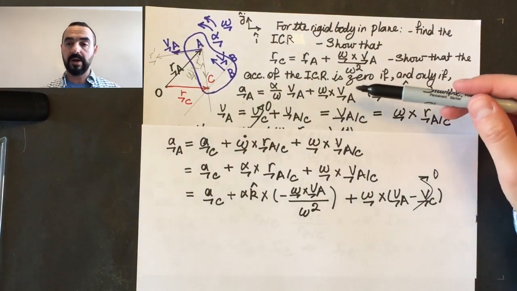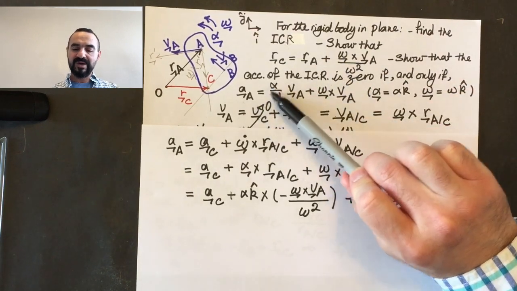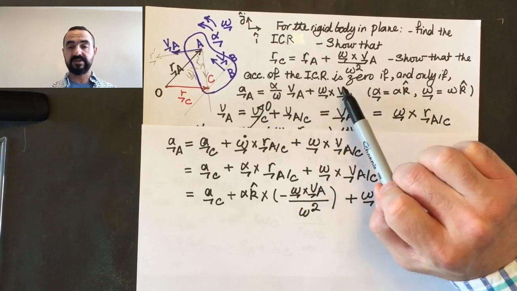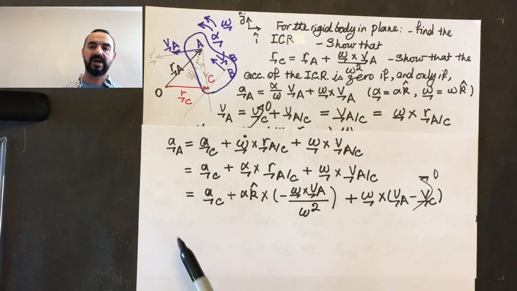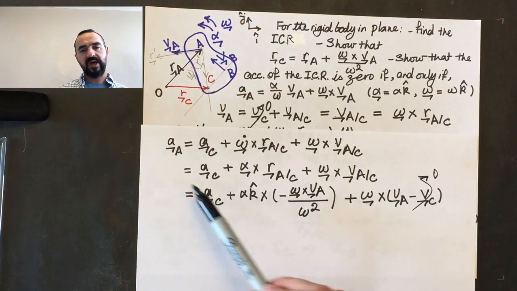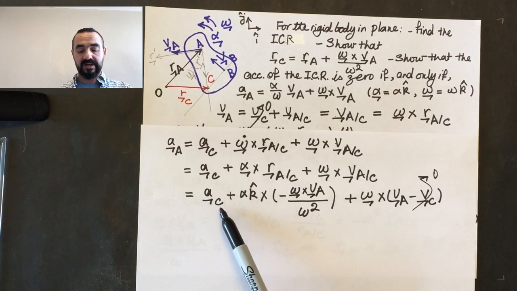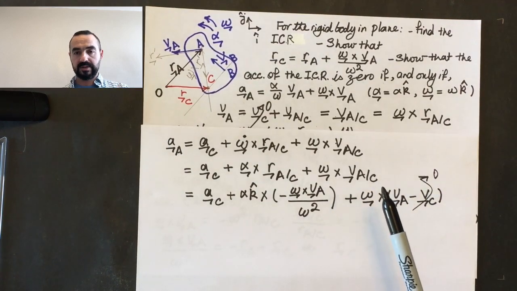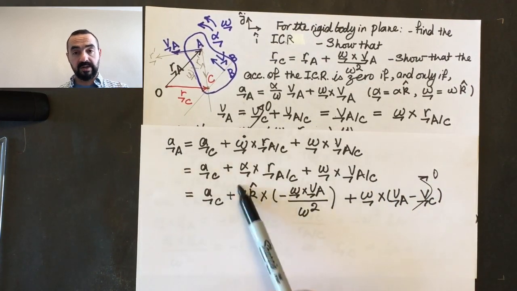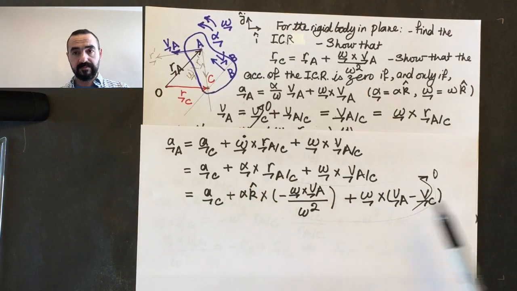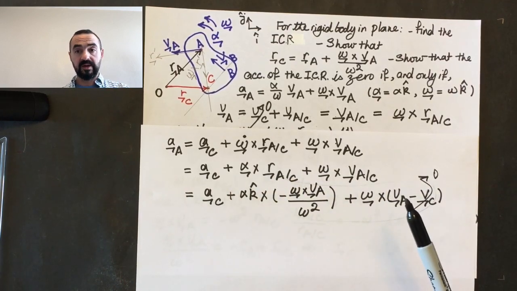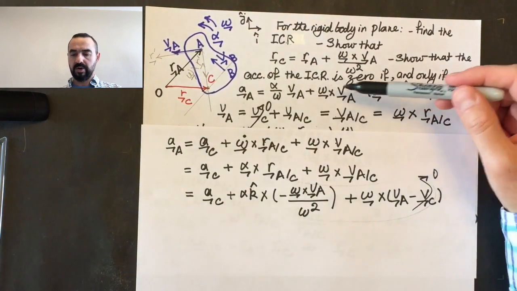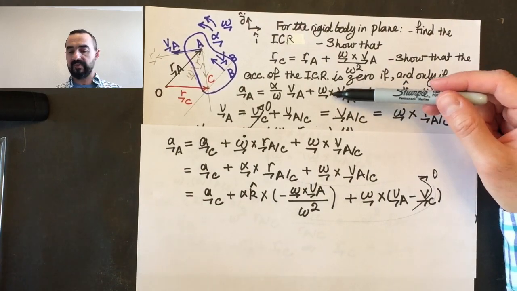Remember, the problem says to show that the acceleration of the instantaneous center of rotation is 0 if and only if the acceleration of A is equal to this expression. You can already guess that because you have acceleration of A on the left and acceleration of C on the right, acceleration of A should be equal to these two terms. Because if acceleration of A was equal to these two terms, then A C has got to be equal to 0.